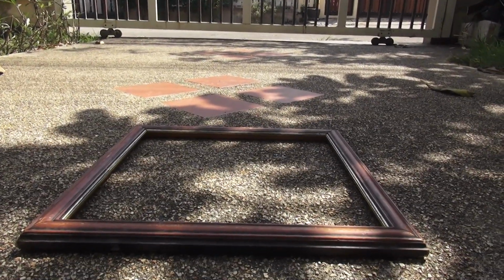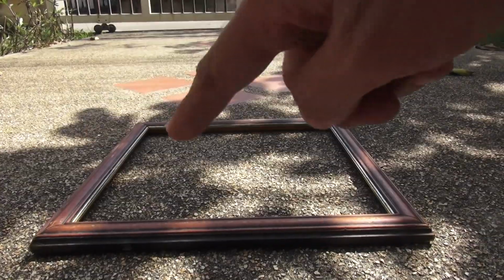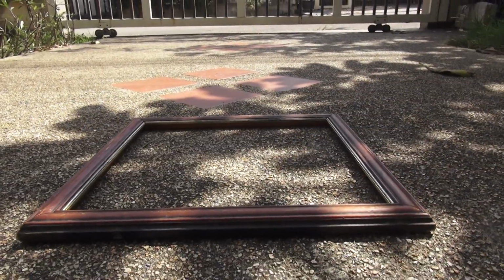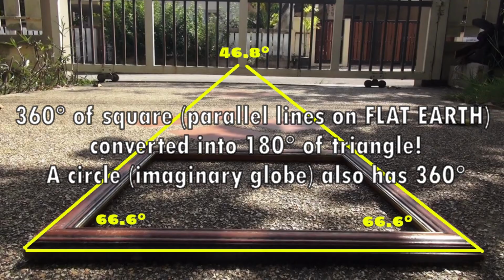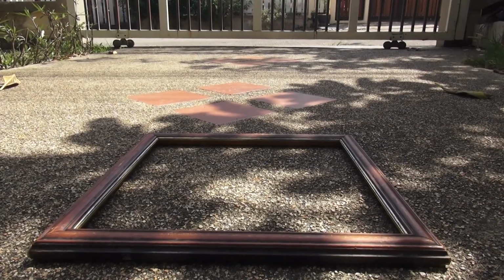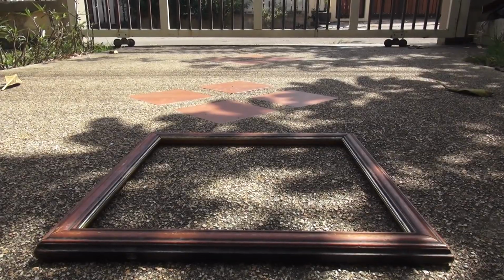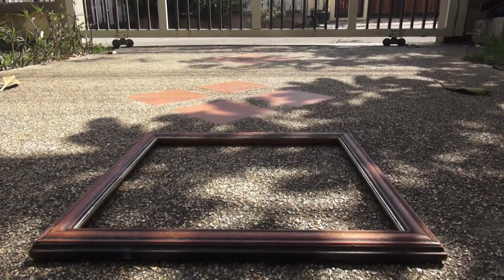So then those 360 degrees of this square would now become only 180 degrees. Think about that. Nothing actually changed except our perception of what we are seeing.